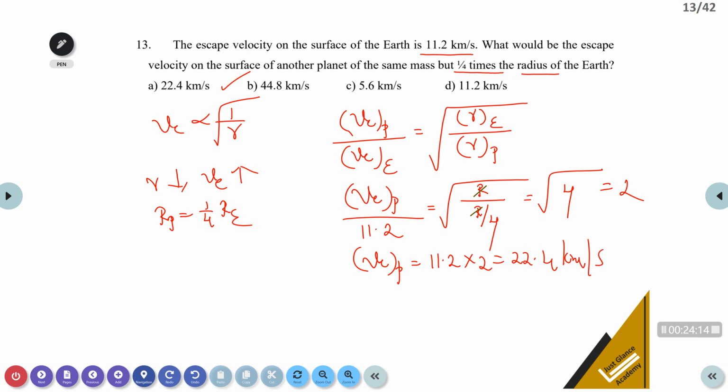That's right. Quickly you can do it. Remember, as you go above, escape velocity decreases. Decreases means R increases. If R decreases, escape velocity increases, which means it is more than 11.2. That is not possible. Only these are the two choices here.